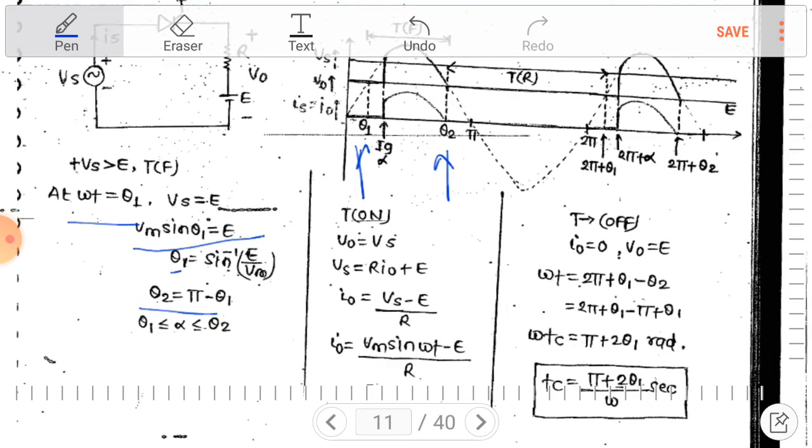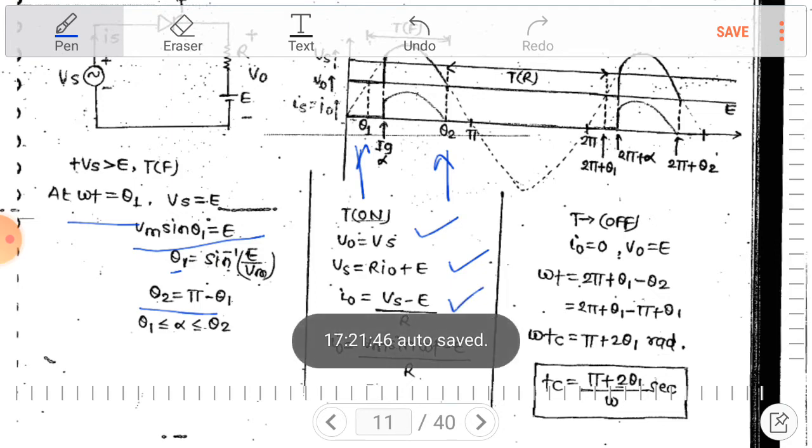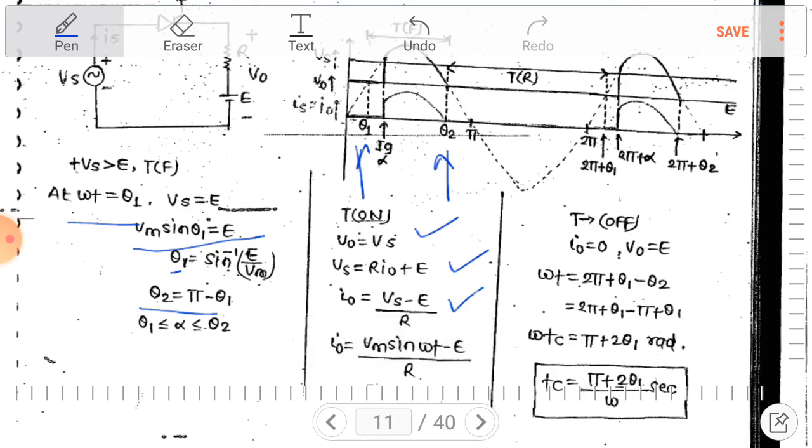When thyristor is turned on, V output equals source voltage, and source voltage equals R I naught plus E. It is a KVL equation we have to apply in the loop. From here we get the I naught value, (Vs minus E) by R, where Vs is Vm sin omega t. When thyristor is turned off, current is 0 and output voltage equals the EMF or the battery voltage.